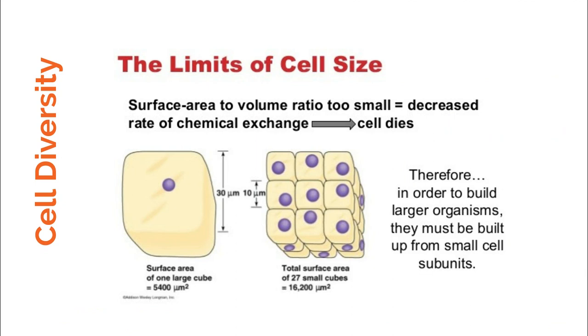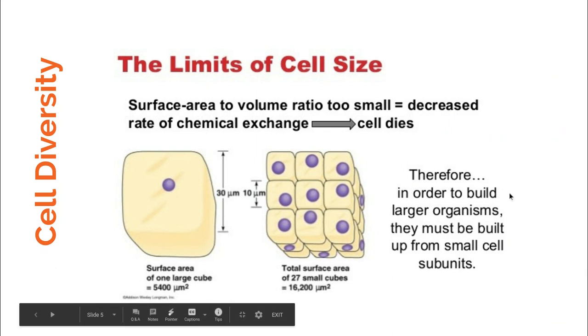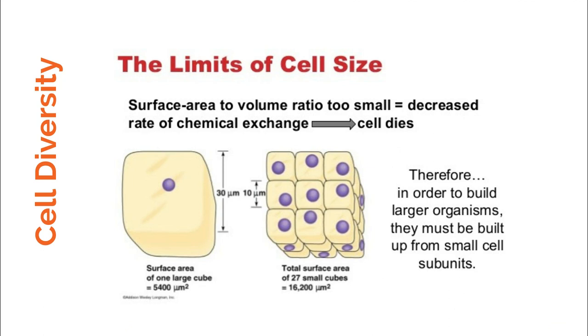So that is why we see cells divide. Once their volume to surface area ratio gets too big, they need to split in order to lower that ratio again. So, in other words, in order to build larger organisms, they need to be built of small cell subunits.